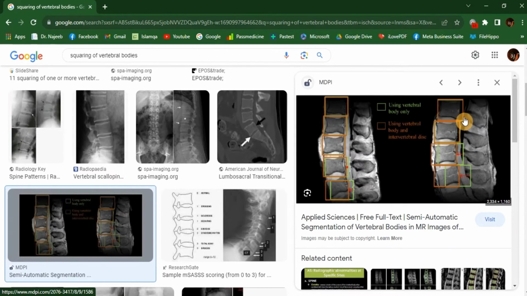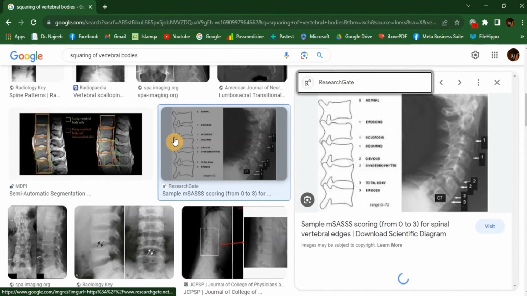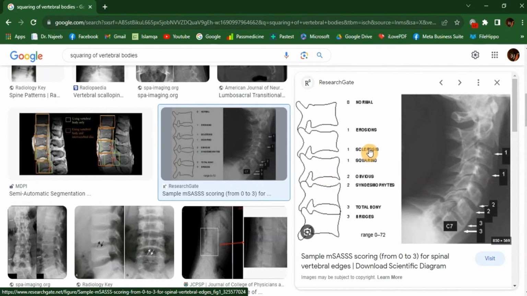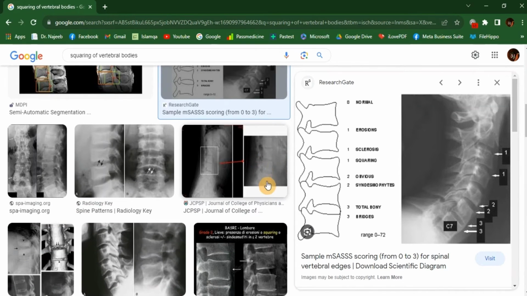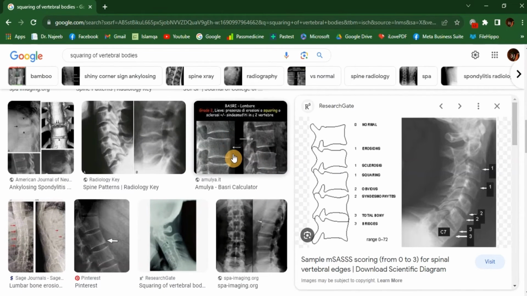The shape will look square-shaped, number one. The normal one would be absolutely concave. But in case of squaring, it should look like some linear pattern. Look at here, the linear shape looking like a square shape. This is the squaring of the vertebra. So complete linear line. Yeah, that's great. Thank you very much.